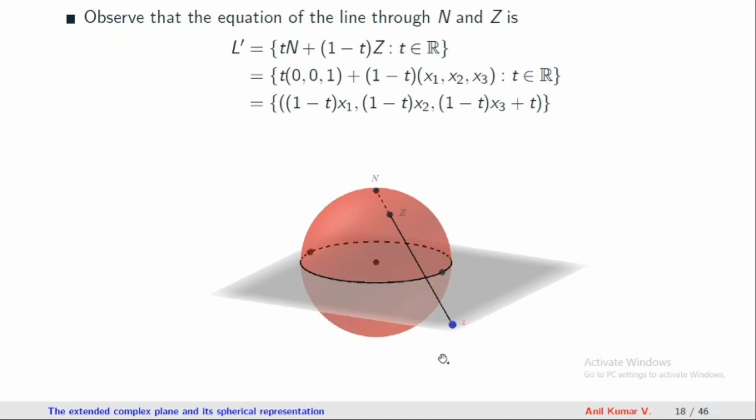But note that z is a point on the straight line joining the points n and z. That is, z is a point on L prime. But the coordinates of z are x, y, 0. Therefore, x is equal to (1 minus t) into x1, and y is equal to (1 minus t) into x2, and this term is equal to 0 for some t.